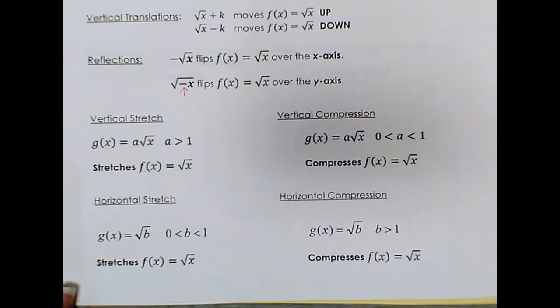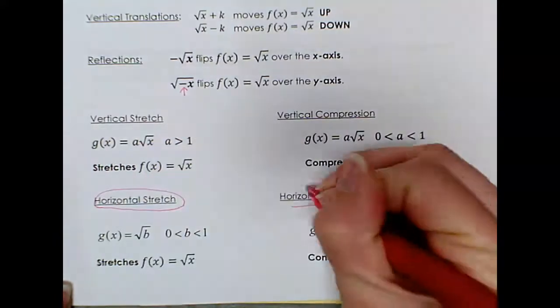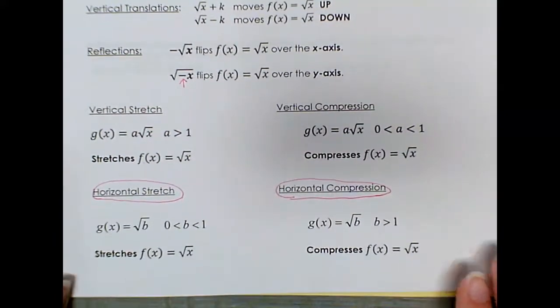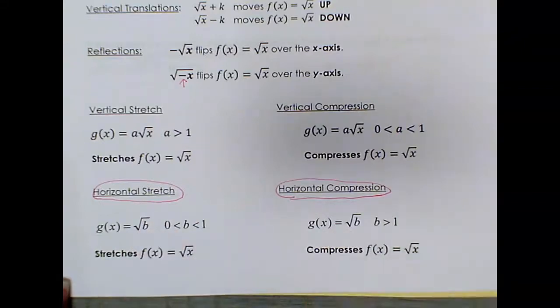Now we have this added responsibility again of the horizontal stretch and the horizontal compression. And this is kind of the weird part, because this horizontal stretch and compression is inside of the radical, so it's part of the radicand, and it's multiplied with x.